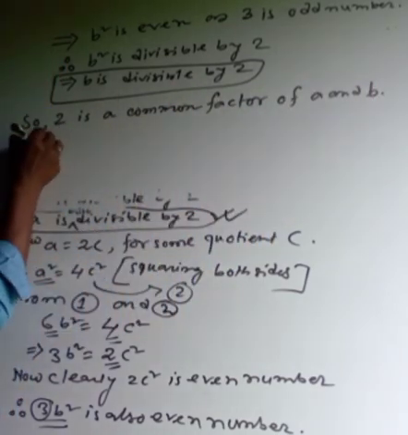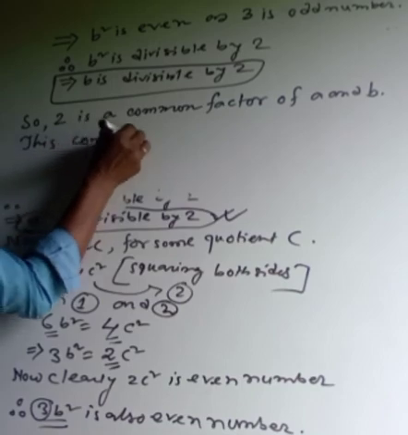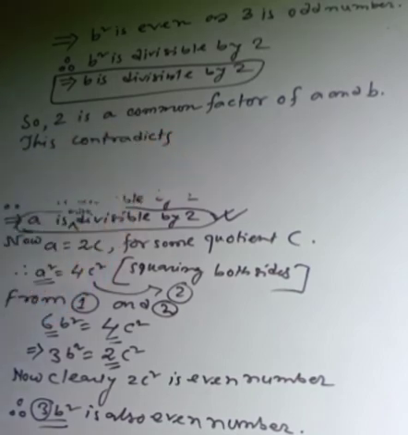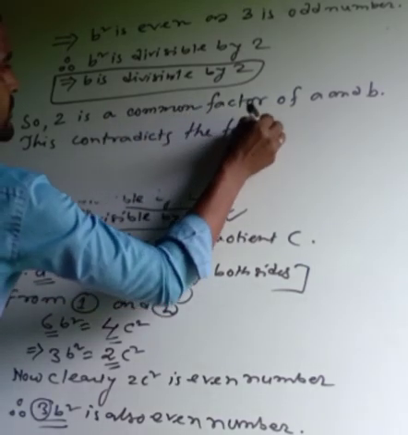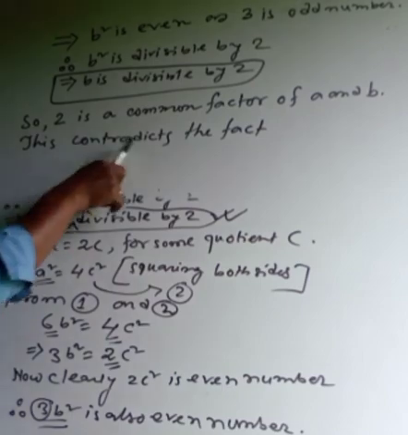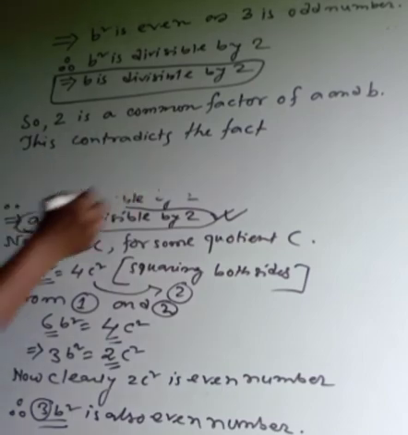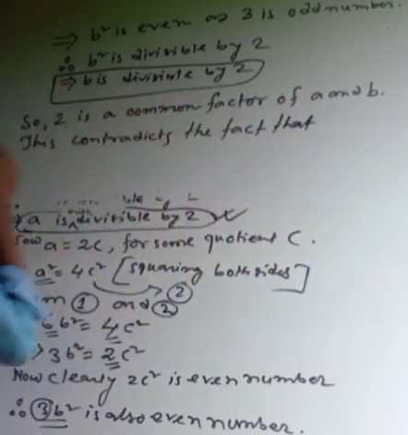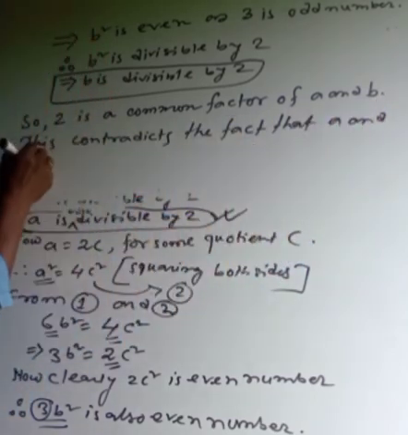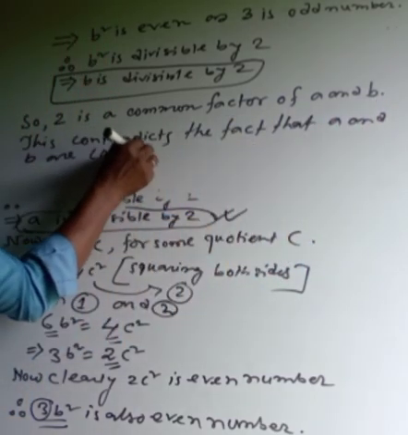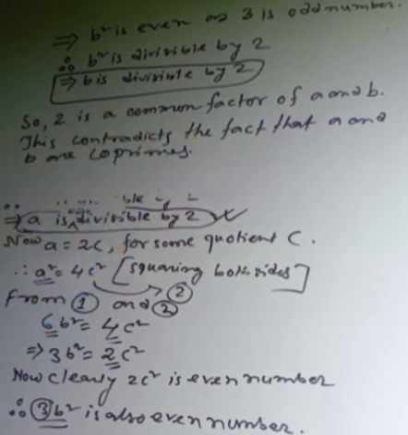This contradicts the fact that a and b are co-primes. What is the meaning of contradicts?